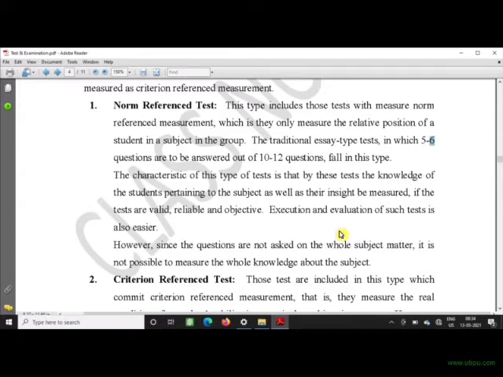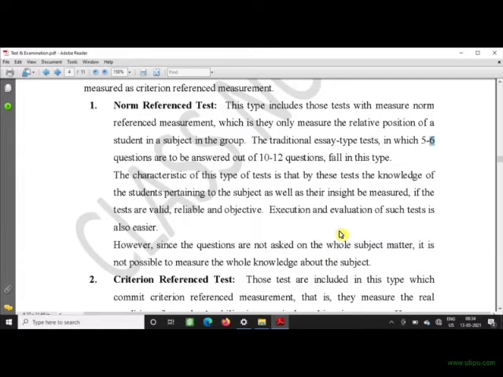Another thing we can talk about is that scores are given as rank based on other students' scores. Here comparison will be done. Ranking is given on the basis of other students' performance, other students' scores.